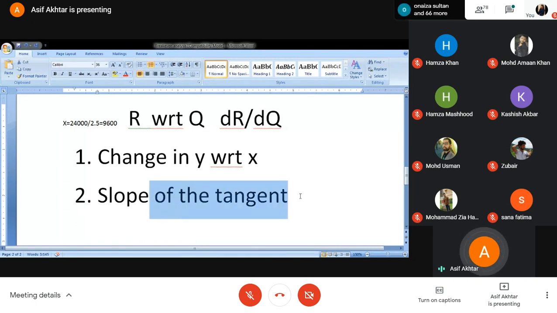So there are two keywords in this. Number one is the slope, this important word. And number two is this line, tangent.